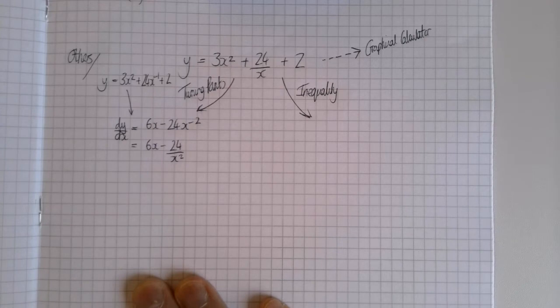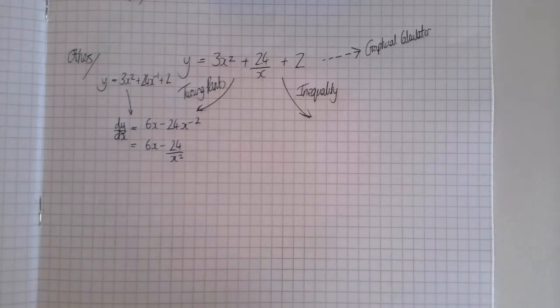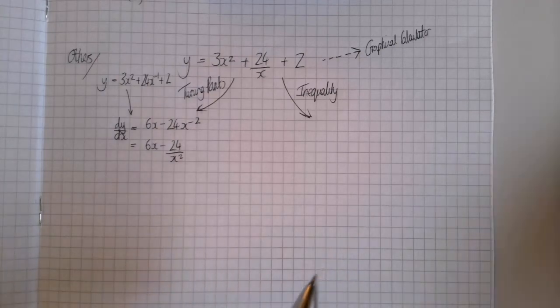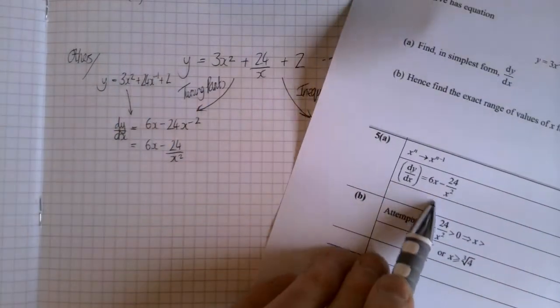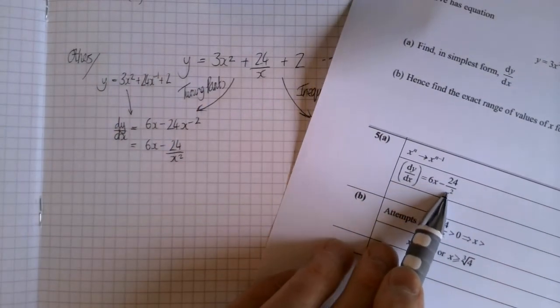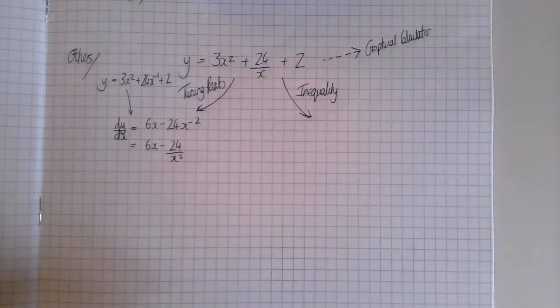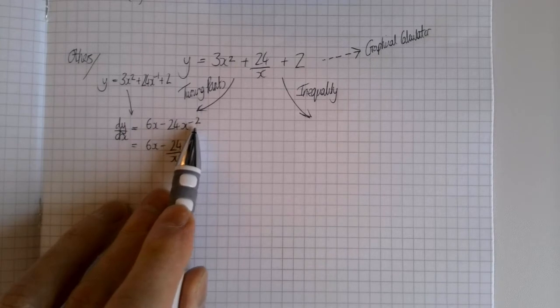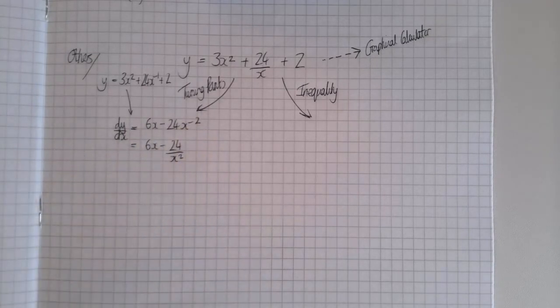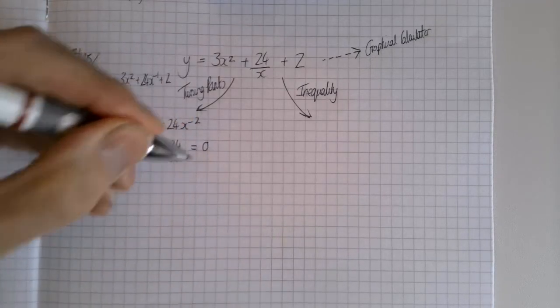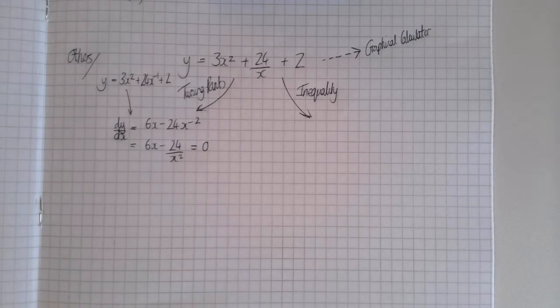Now, although the mark scheme I've got here says that you have to have it written in that form, it says lower down in the notes that it would have accepted this. But I still think this is easier, because what you're then going to do is go on and find the turning points by asking where does it equal 0.